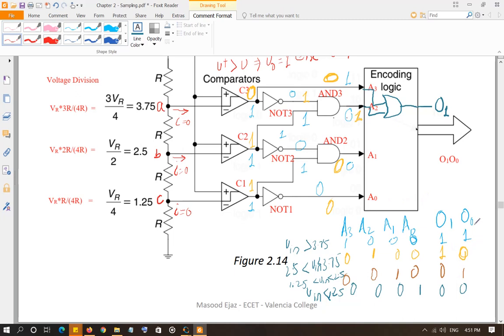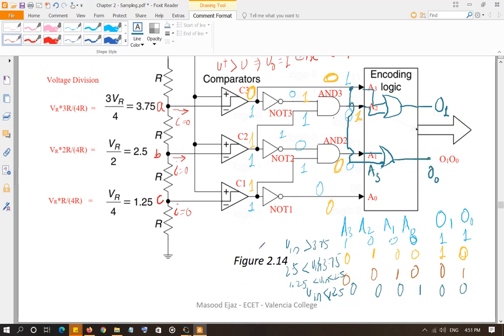And likewise, you see O0 is 1 when A3 is 1, and O0 is 1 when A1 is 1. So you're going to take another OR gate, connect A1, and then connect A3, and the output of this is going to be O0.